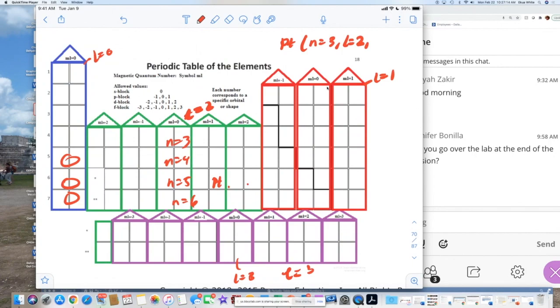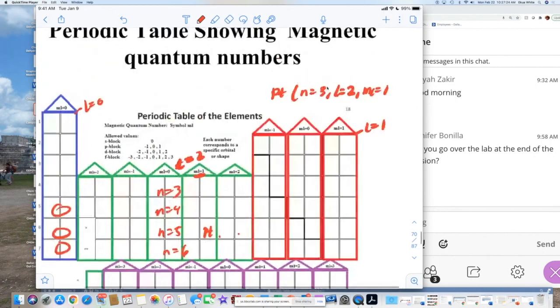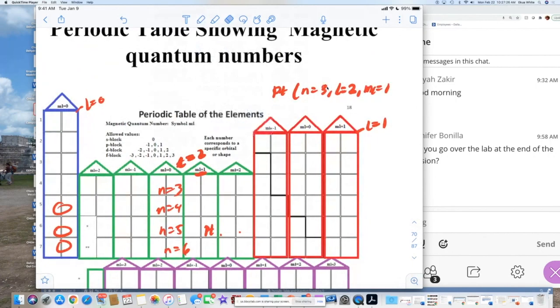And then the M sub L, you see it right here. M sub L is 1. Okay? So we discussed this last week. Now you won't write it this way. You just write the numbers as is because they'll be written in the order of N, L, M sub L.